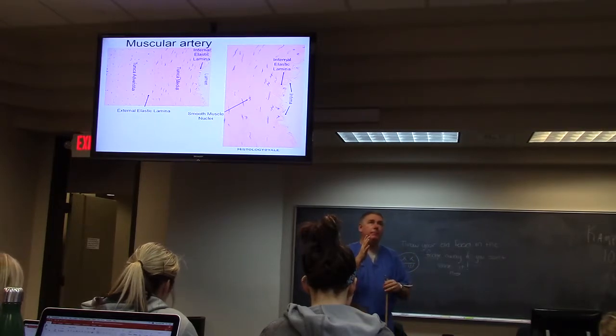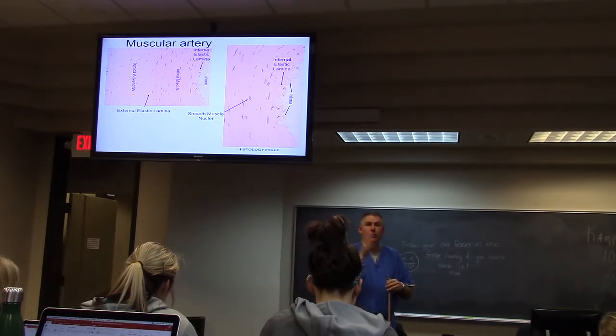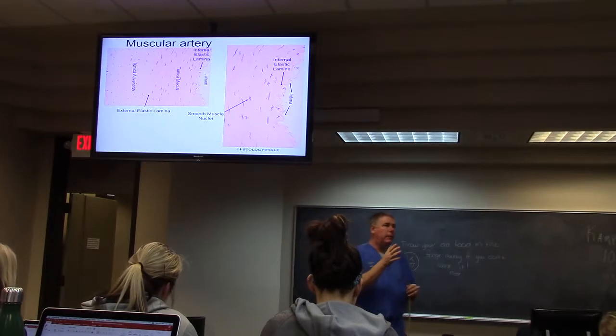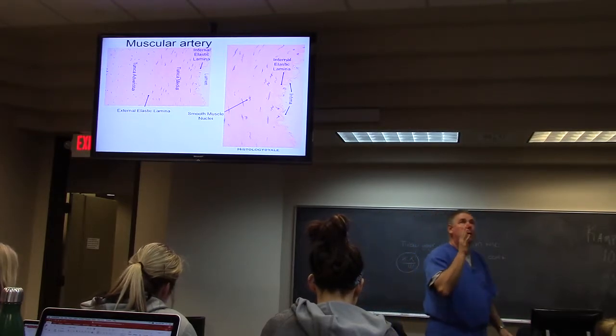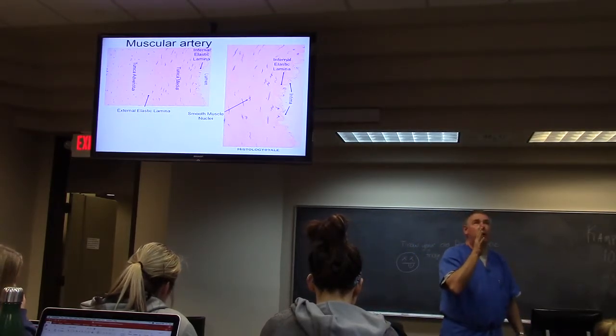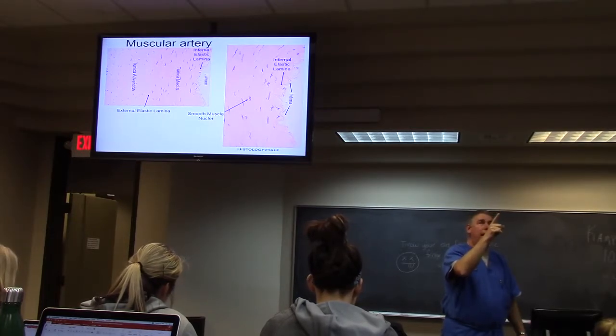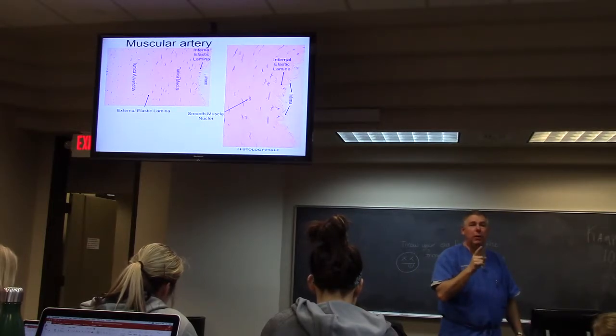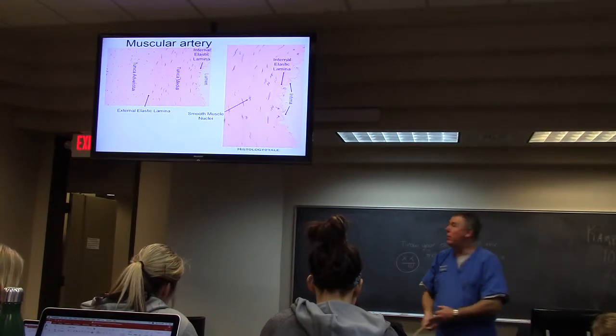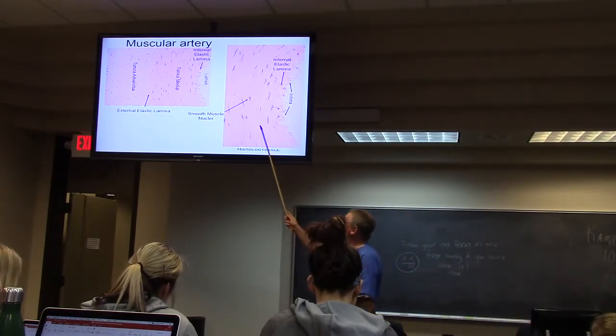Behind the endothelium, there's a basement membrane and an internal elastic lamina that you see there. Deep to that is the tunica media, which contains smooth muscle fibers. So in the picture on the right, the smooth muscle nuclei are seen here.